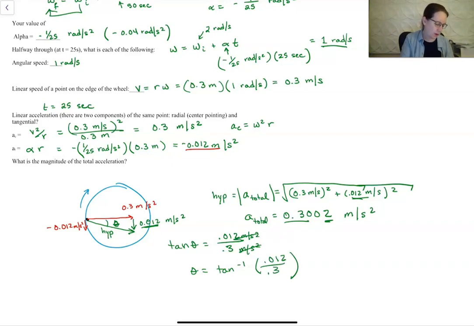That gets me about 2 degrees. So I really exaggerated this angle. This angle is really supposed to be 2 degrees, 2.3 degrees if you like. So that's how you find these values and also find the components to find all of the acceleration.